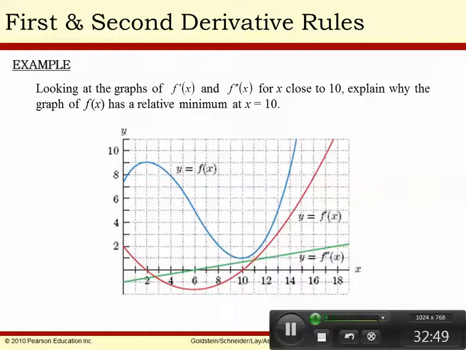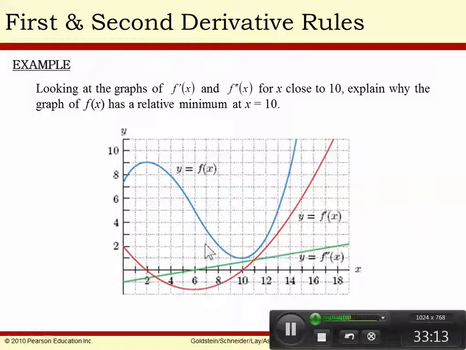The what? Yeah, you're right. It's the bottom of a hill, right? So mathematically what it means is that there's a region, if you take the point 10, that's where they're saying it's a local minimum.